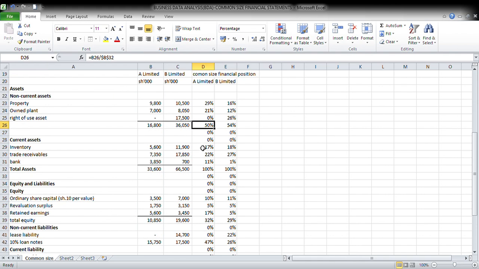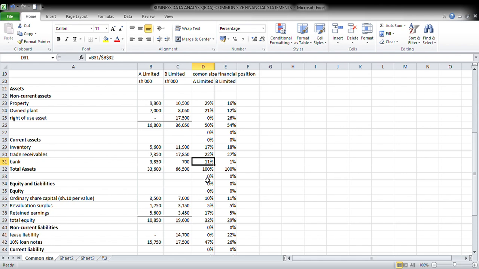Then for the inventory, you can see 17, 18, slightly higher. Then trade receivable 22, 27. But when you check the bank, company A has 11%, then B has 1%. So in terms of liquidity, company A has a higher liquidity than B, because it's 11% and 1%.